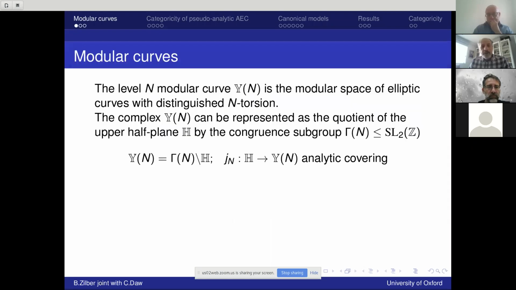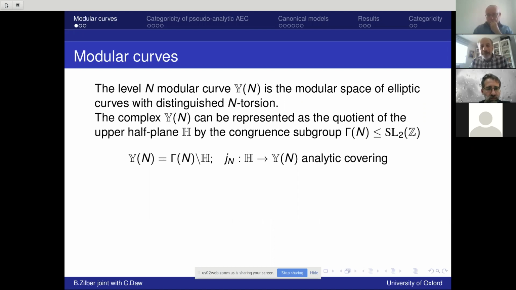Okay, so let me remind you first what classical modular curves are. It's a modular space for elliptic curves.